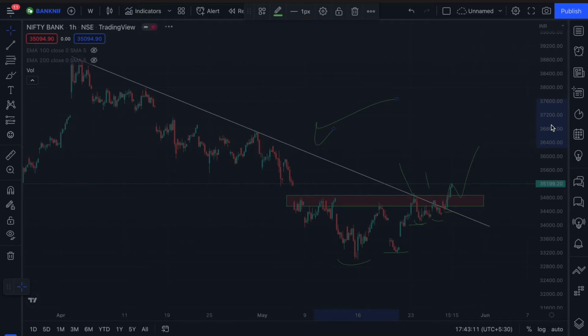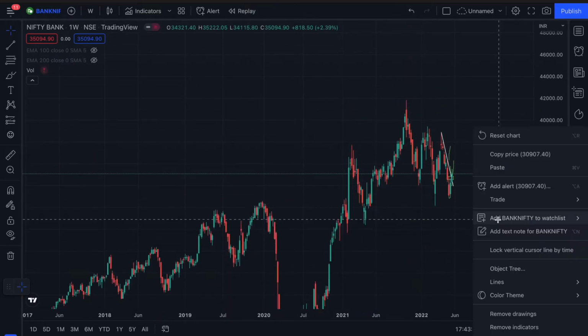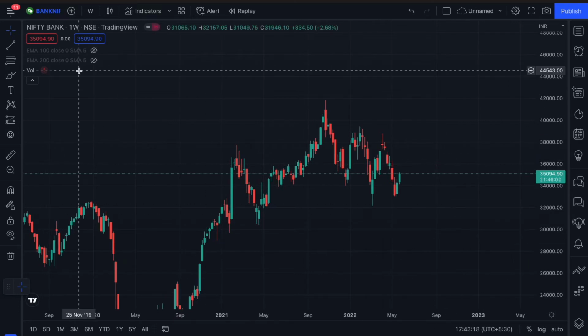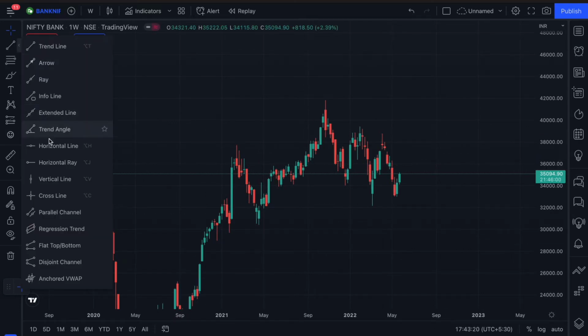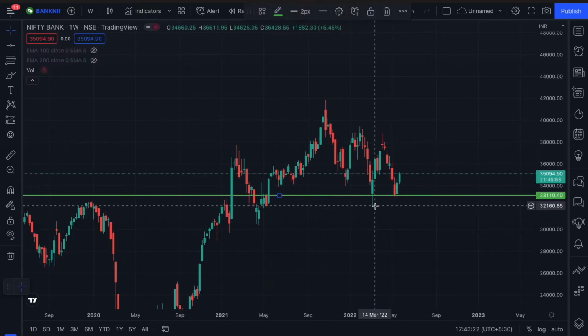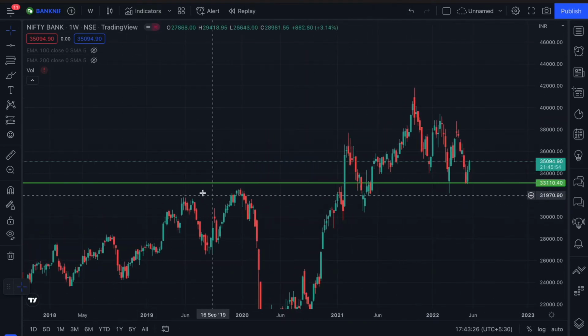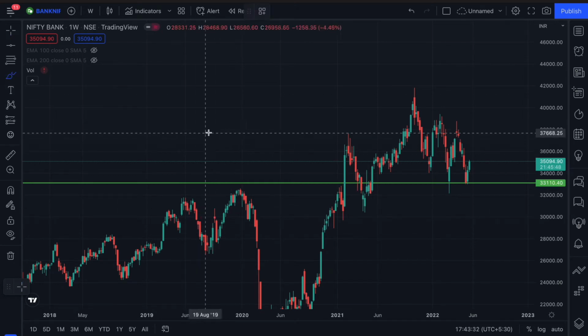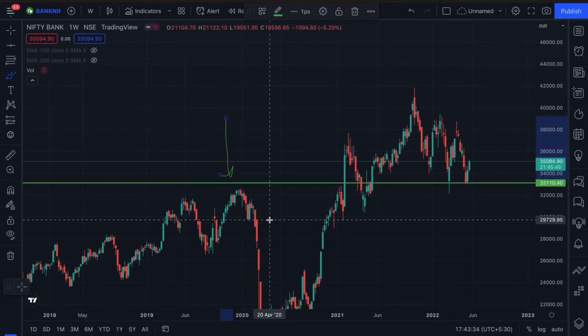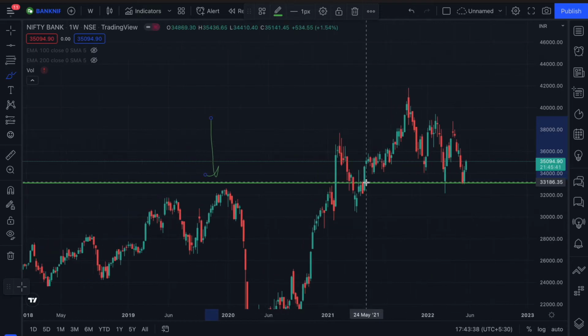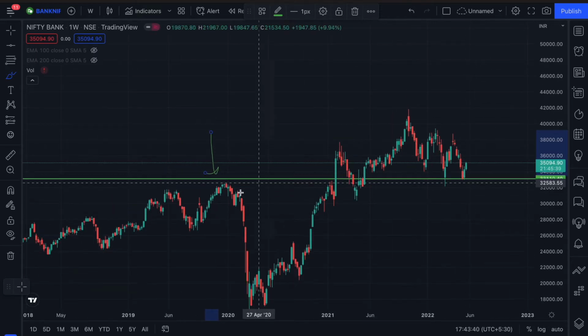So here, if I just remove all the drawings for a second, here also the same thing is evident, that the price actually reversed from this support area, which is really clear. This was previously a CIP zone, as you can see here. So here also the price did actually reverse from here, and now what is happening is that the price was available at the pre-COVID levels.